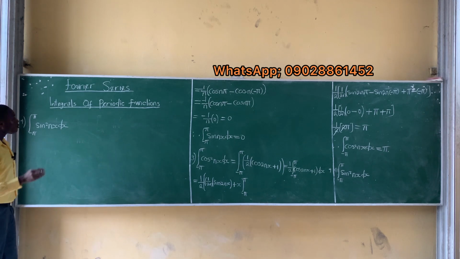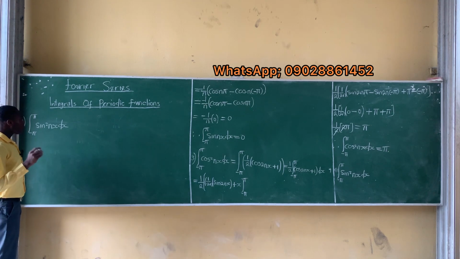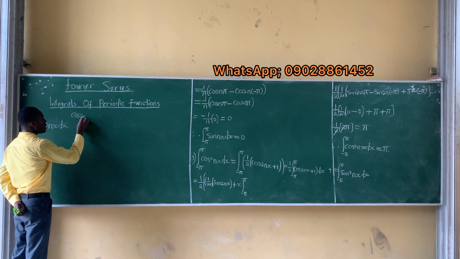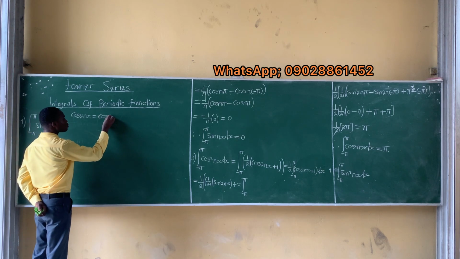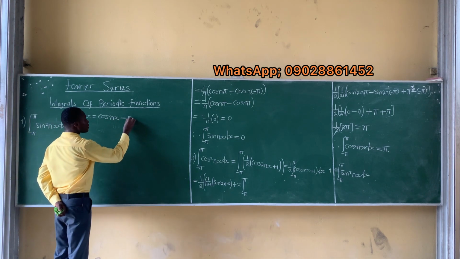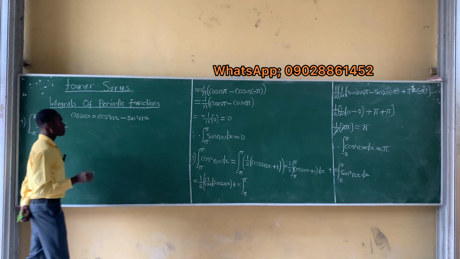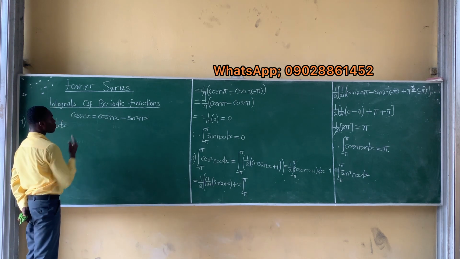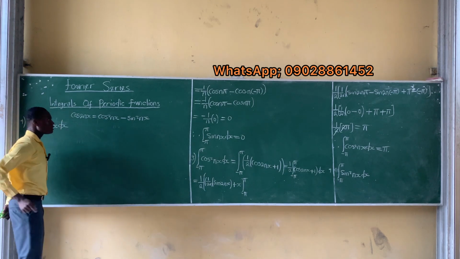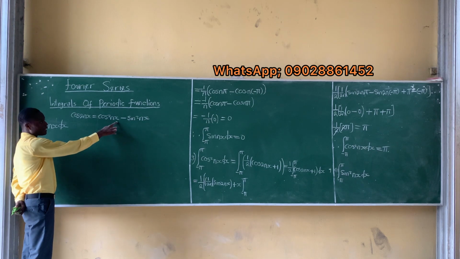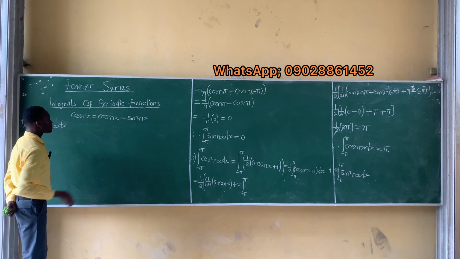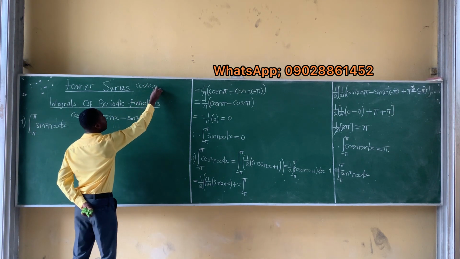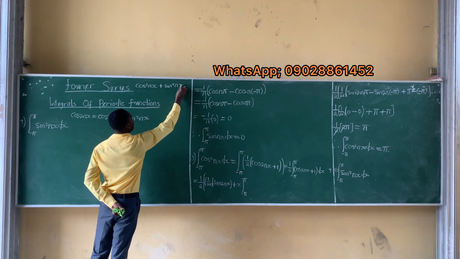But don't forget, we said that from the cosine of double angle, we have cos 2nx is equal to cos square nx minus sine square nx. So this is what we have. For cos, we expressed the cosine of double angle in terms of cos. So for sine, we are also going to express it in terms of sine. But don't forget that cos square nx is the same thing as 1 minus sine square nx, because cos square nx plus sine square nx is equal to 1.